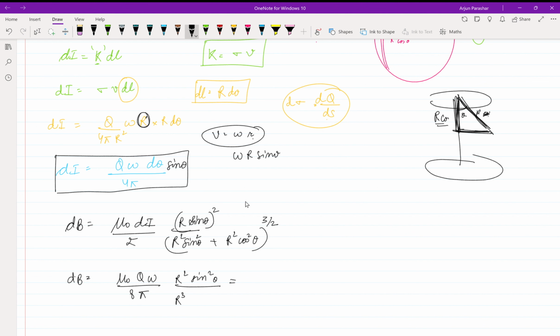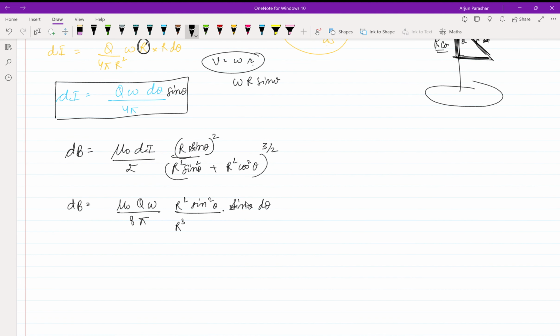One sin theta will also come due to this. So sorry, sin theta and d theta. All right. Now we'll just integrate mu naught q omega by 8 pi r, integration sin theta sin cube theta d theta.